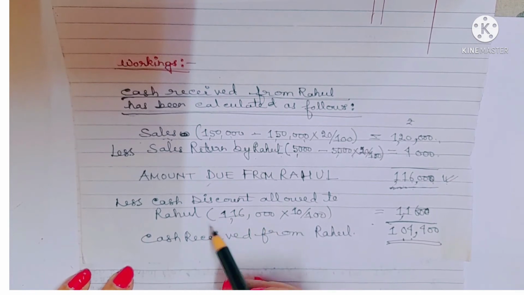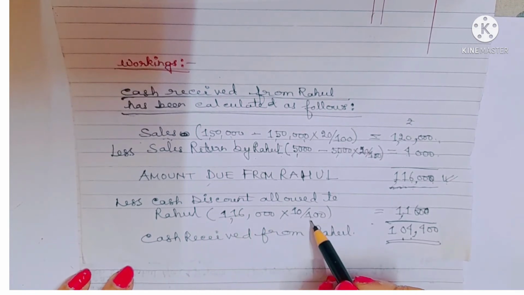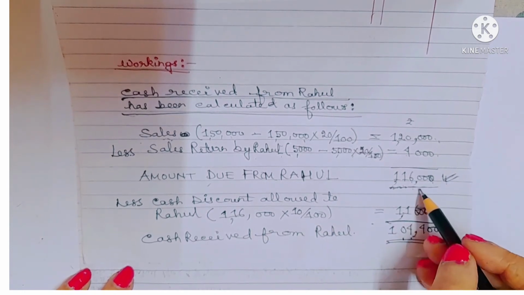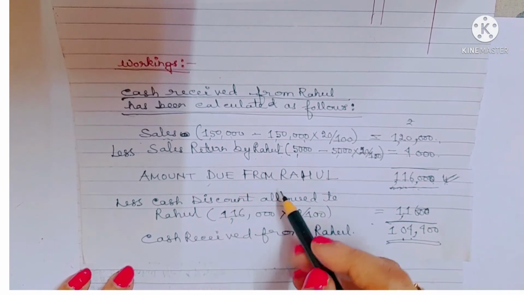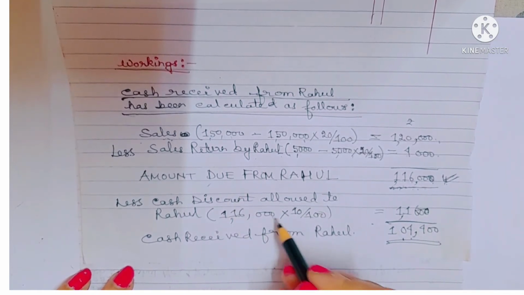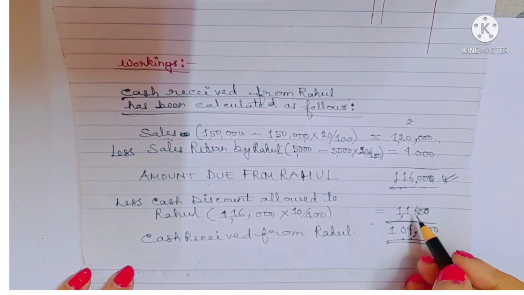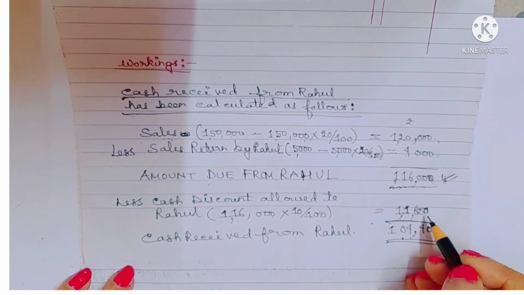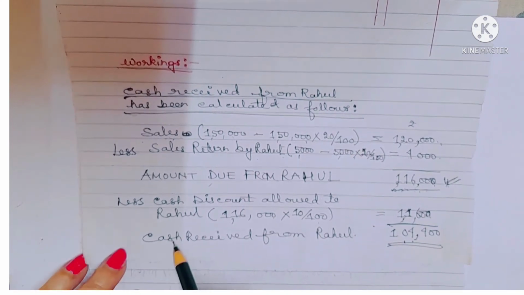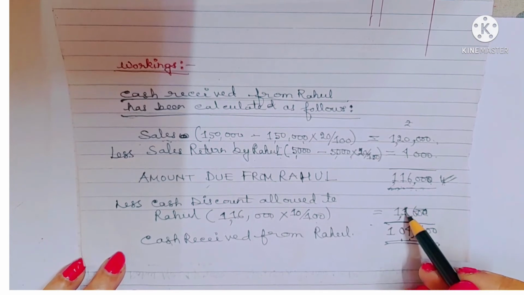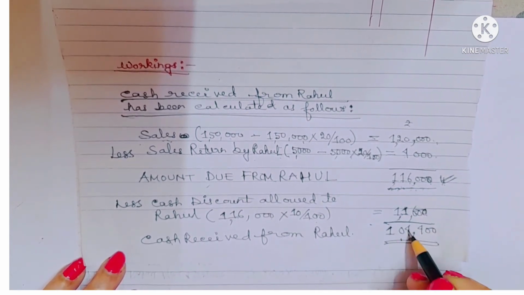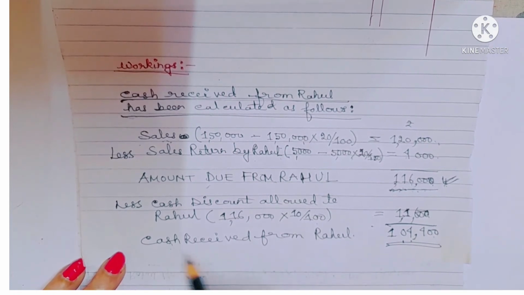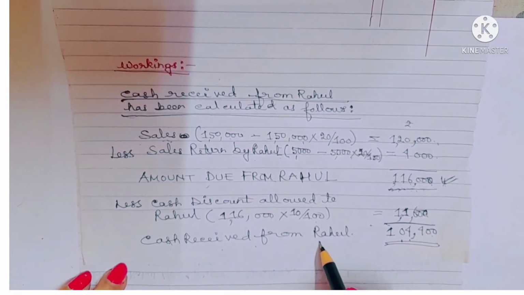So what is the cash discount? 10%. And cash discount will always be charged on the amount due from Rahul. So 1,16,000 into 10% is 11,600. So after deducting 11,600 from the amount, we get 1,04,400. This is the amount we are getting from Rahul.